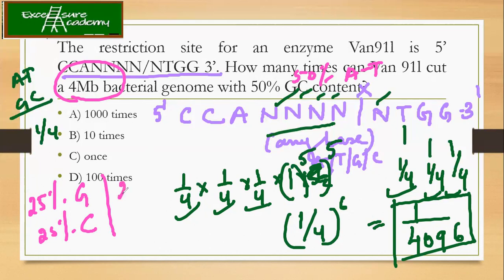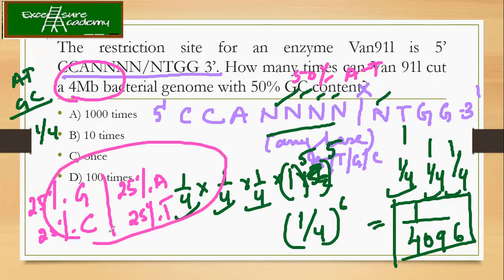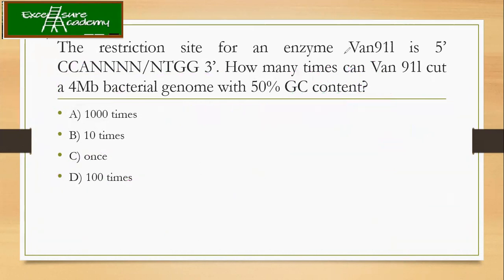So again, you will have 25% A and 25% T. Since all this percentage is going to be same, we don't have to include this. So we don't have to do any changes in the question. Okay.